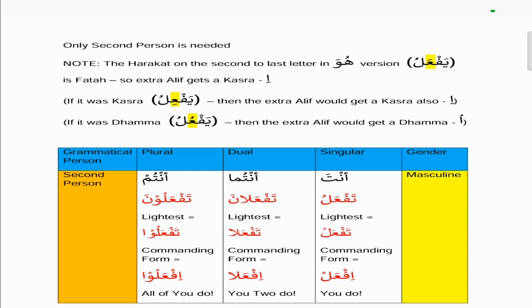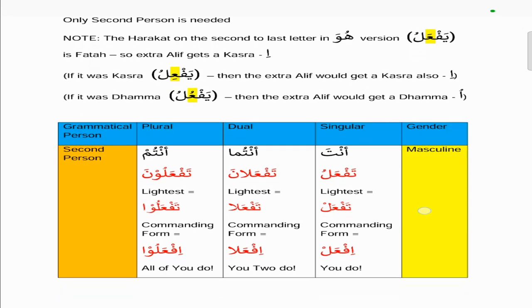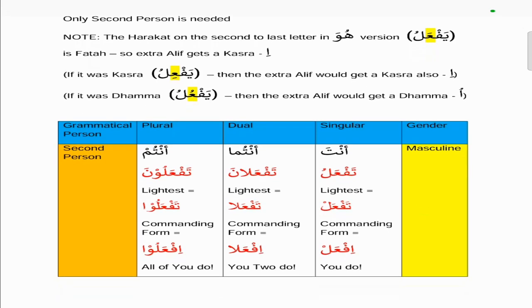So remember, if the second to last letter in the huwa version has a fatha or a kasra on it, then the extra alif gets a kasra. If it has a dhamma on it, then the extra alif gets a dhamma. But in the example that we're using, the second to last letter has a fatha. So therefore our extra alif will have a kasra.